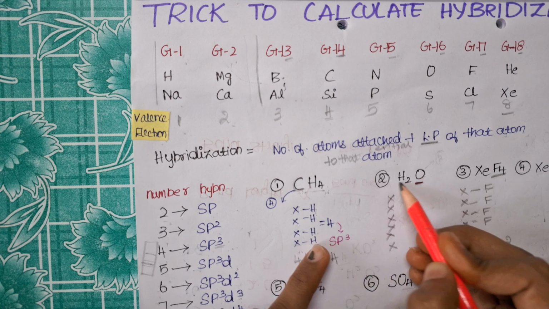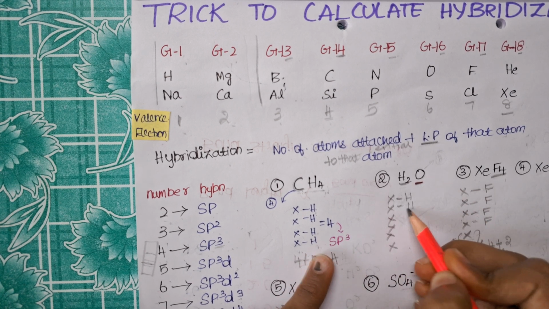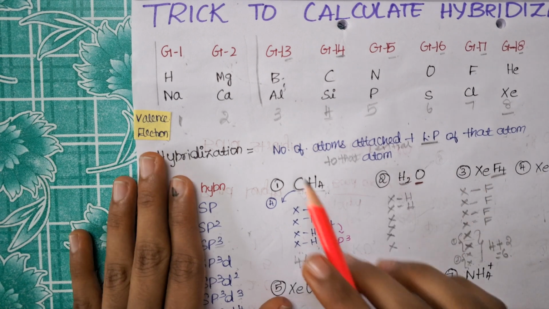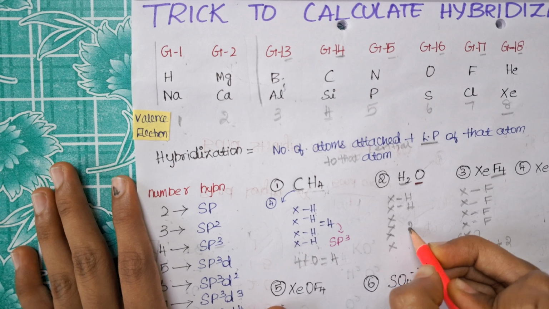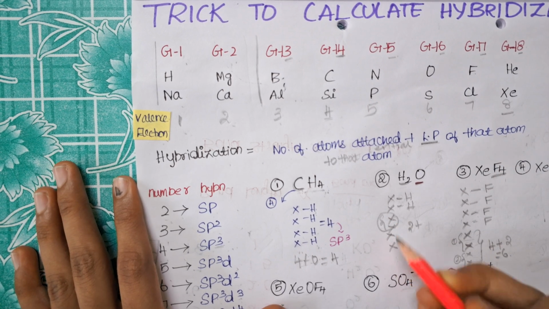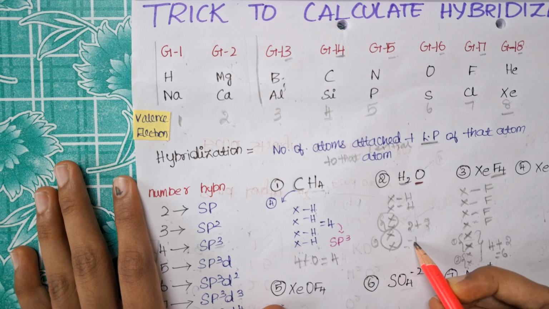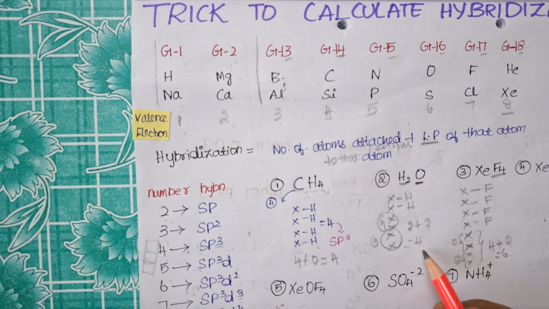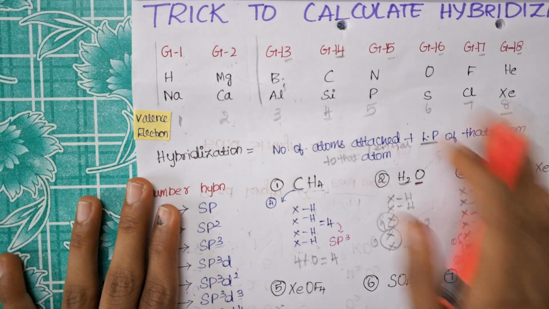Now how many hydrogens are coming to pair with it? 1 hydrogen, 2 hydrogen. Are we clear? So what is the formula? Number of atoms attached to the central atom. How many atoms got attached? 2. Plus how many lone pairs? Can you tell me? 1 lone pair, 2 lone pairs. So this is 2. So 2 plus 2 is equal to 4, and hybridization is sp3.